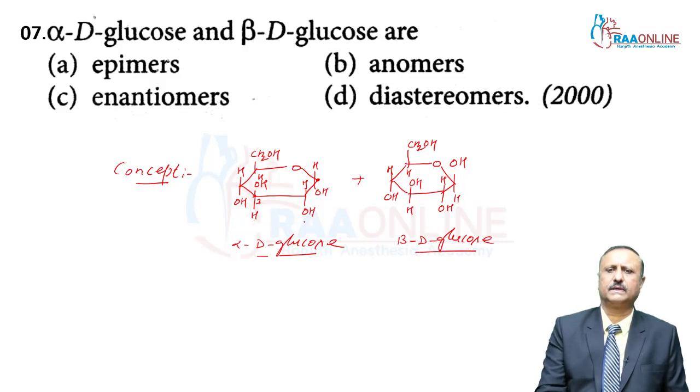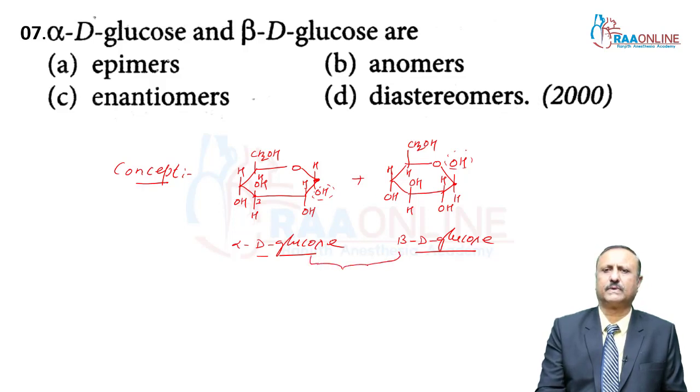In this way, only at this carbon atom the position of the OH group is different, lower and upper side. So both are diastereomers, and this type of diastereomers are called anomers in biomolecules and carbohydrates. So the answer is B. Question number 7: alpha D glucose and beta D glucose are anomers.